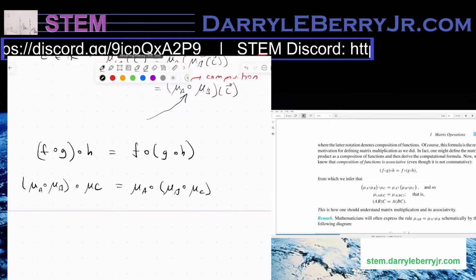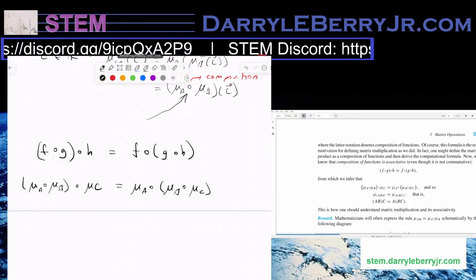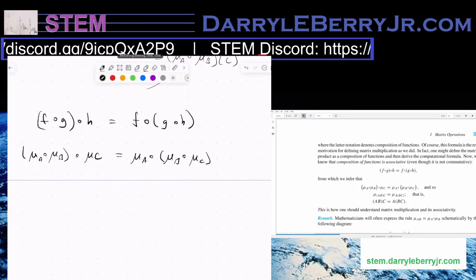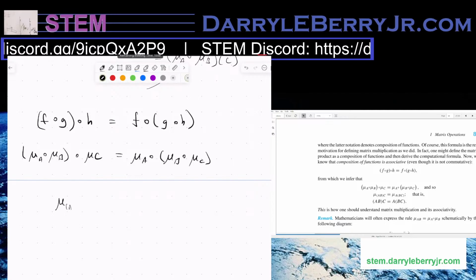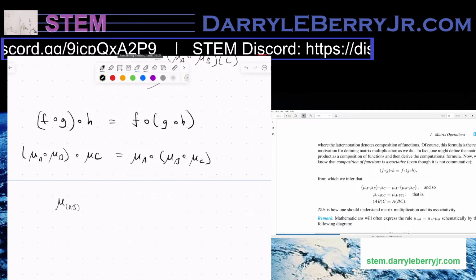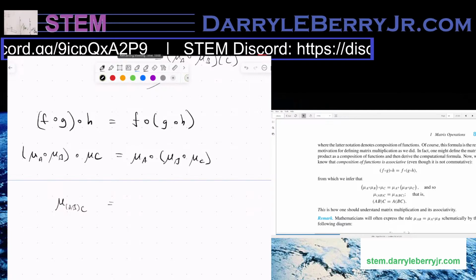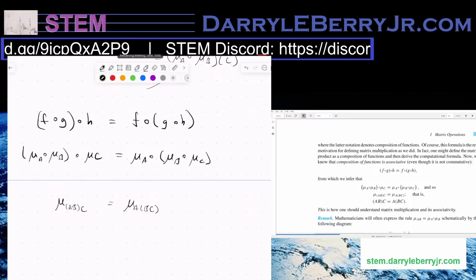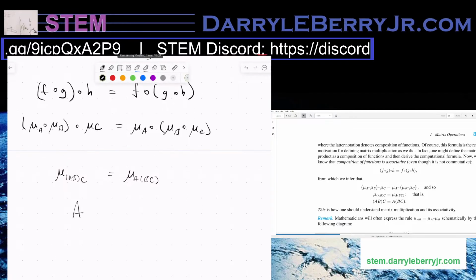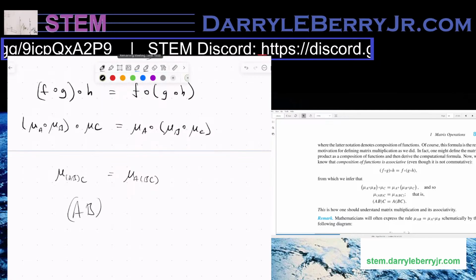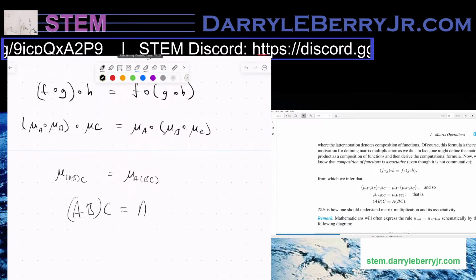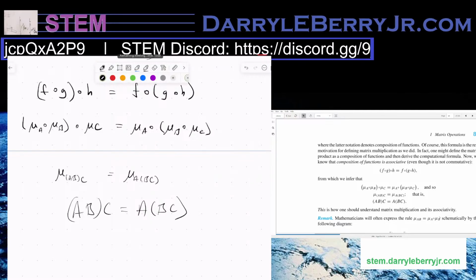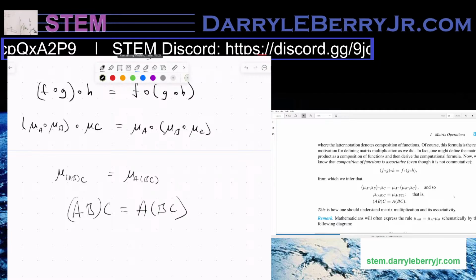And this is in our normal matrix notation. This is how we should understand matrix multiplication and its associativity.